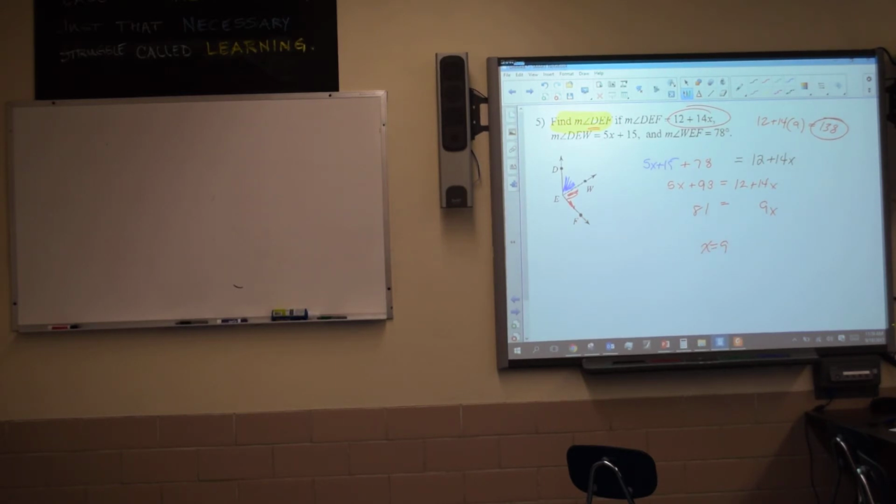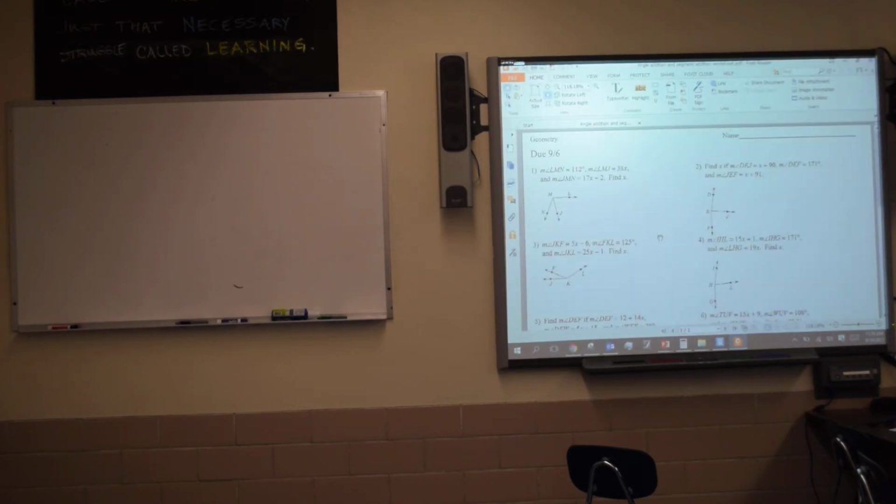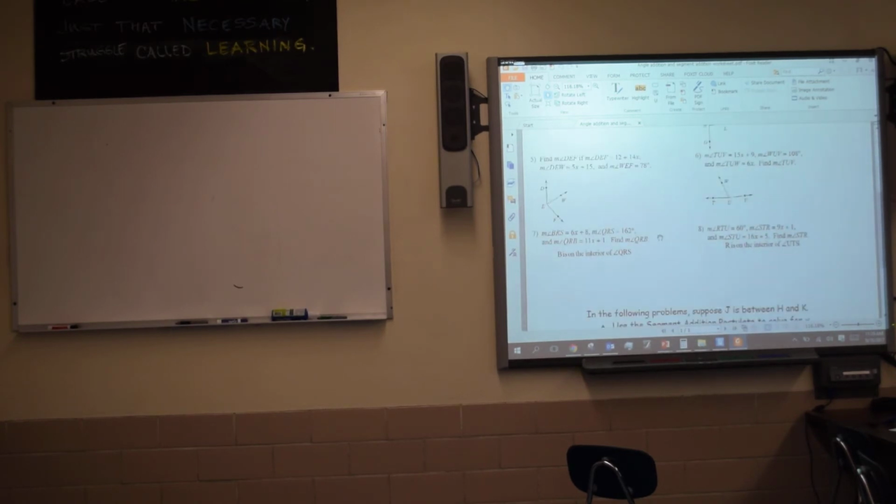If you got 9, which I'm assuming most people that got this wrong probably got, make sure you're answering the question. Okay? And I do those things on purpose. Obviously, you look through the worksheet. Did 1 through 4 kind of get you in the habit of finding x? But the next 4 don't ask you to find x, right? So I'm doing that type of stuff on purpose. A lot of my worksheets, not only am I trying to force you to learn and practice some math, I want you to do test-taking strategies.